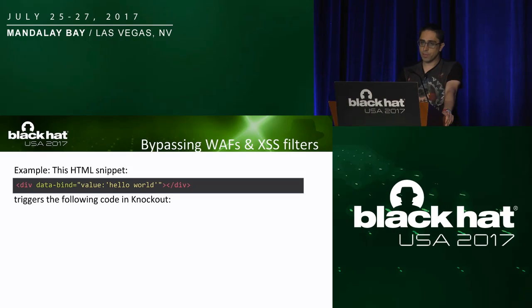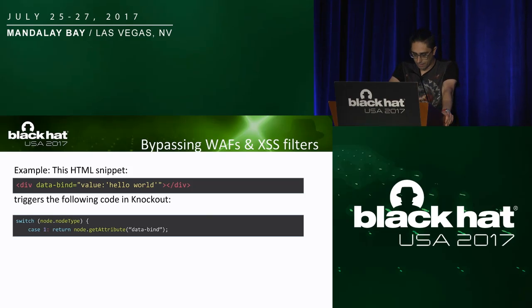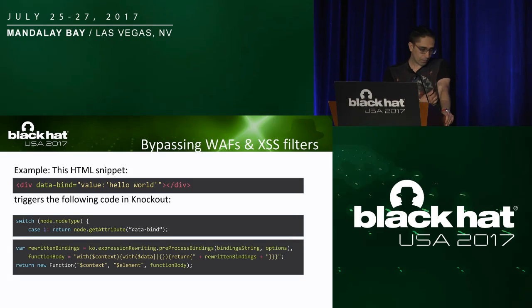What this snippet triggers in Knockout is several gadgets. First gadget is a fairly simple one. It just gets the content of the data-bind attribute and assigns it to some variable in the application. Later on, Knockout creates a JavaScript function. In the body of that function, there is the hello world expression.